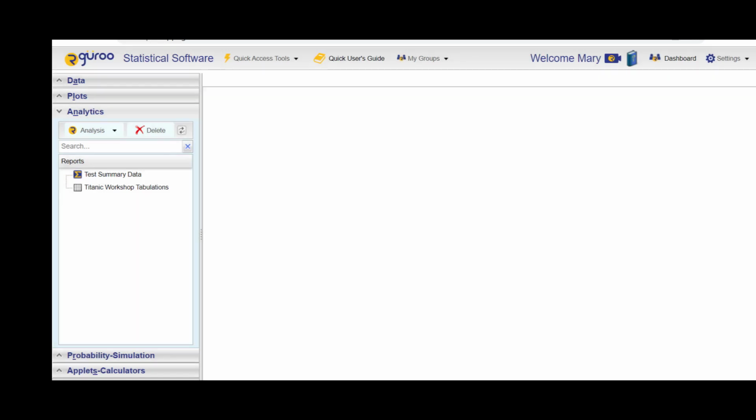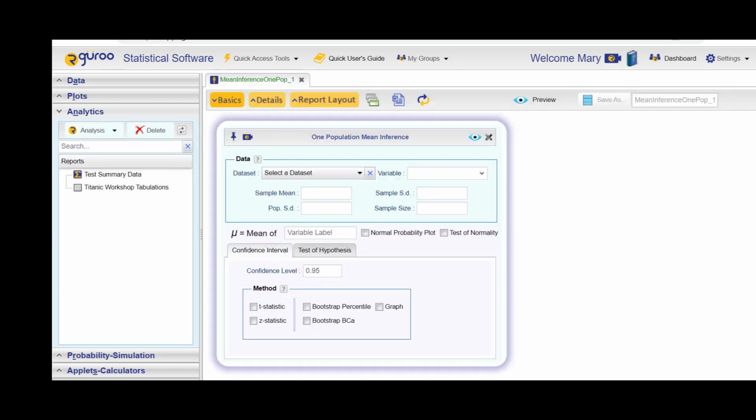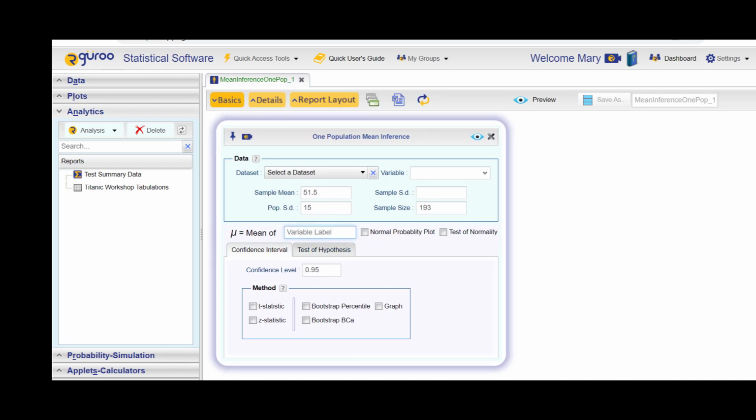All right, analysis, drop down, choose mean inference 1 population, and our sample mean is 51.5. Our population standard deviation is 15. Our sample size is 193. We need to label our variable, and our variable is the mean of 6-year-old girl weights.